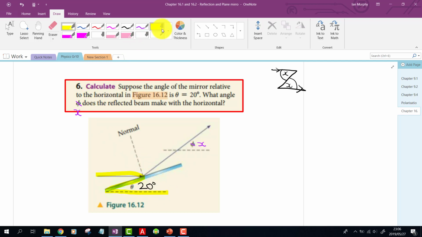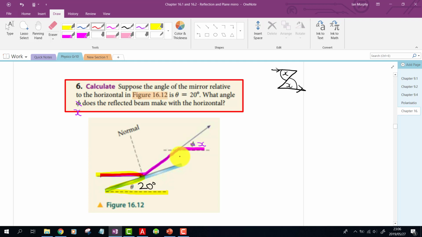I should actually use a different color over here, Z, and then I'm just going to go over the top here, a Z. Okay, and then let's go red color. What angle will we call this?